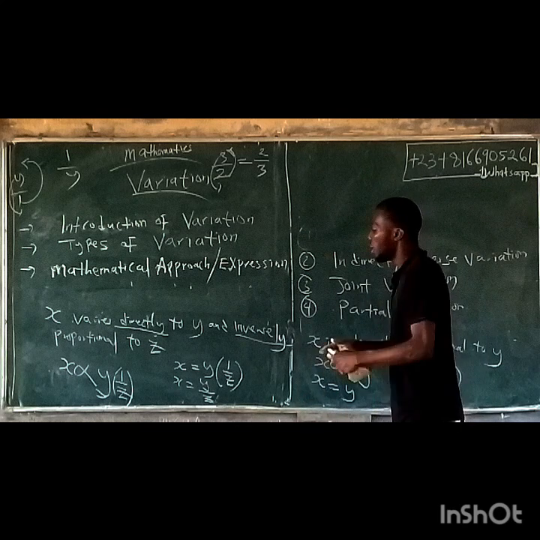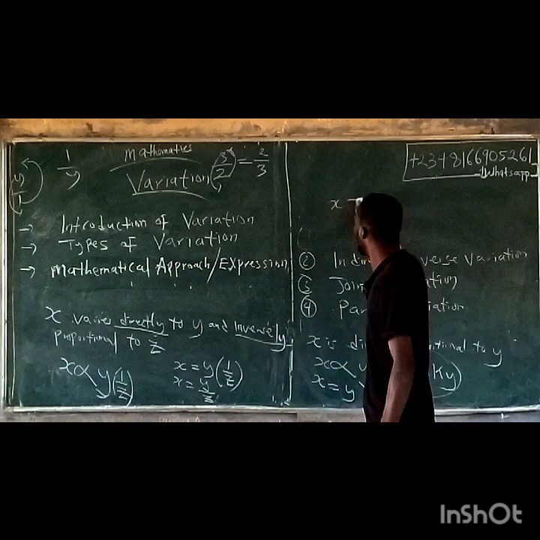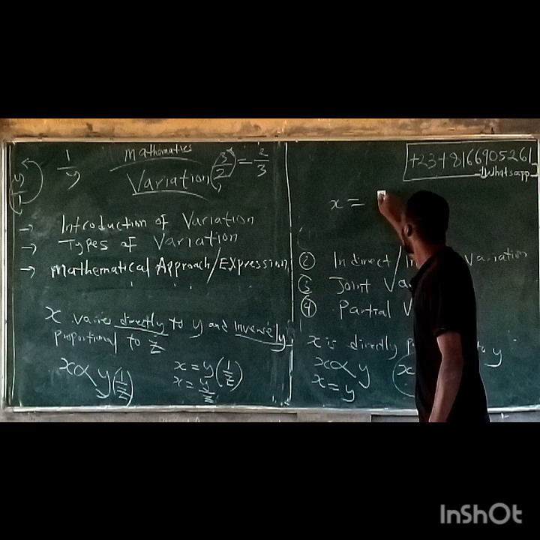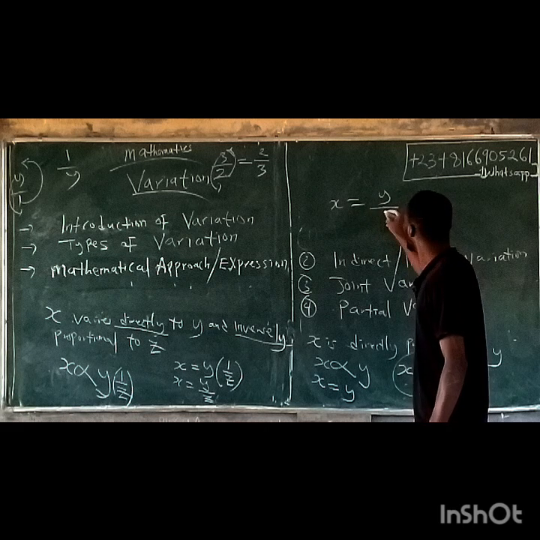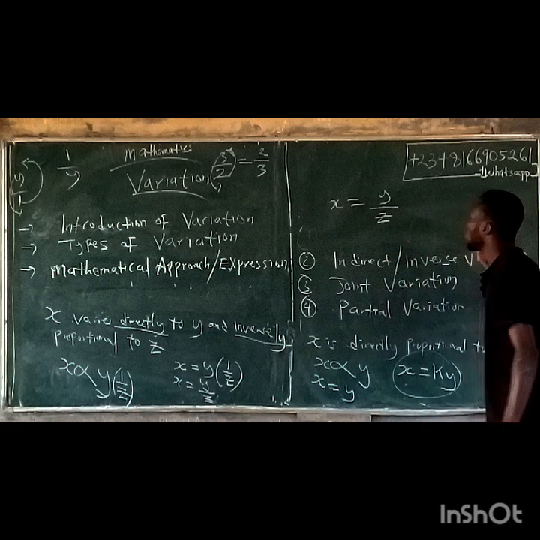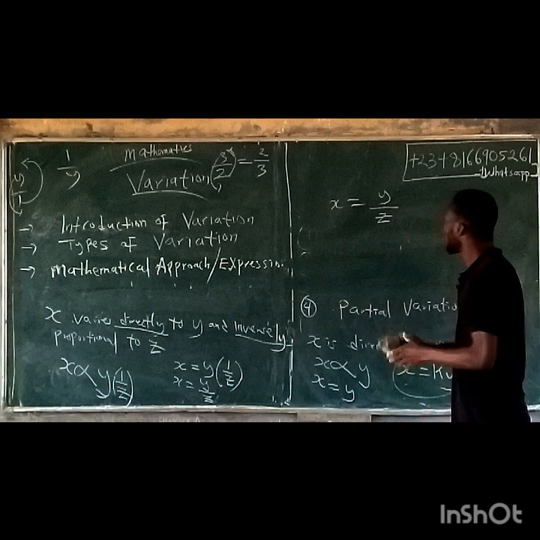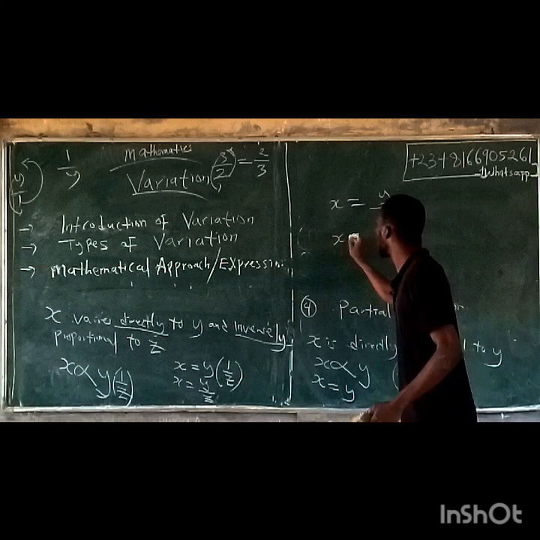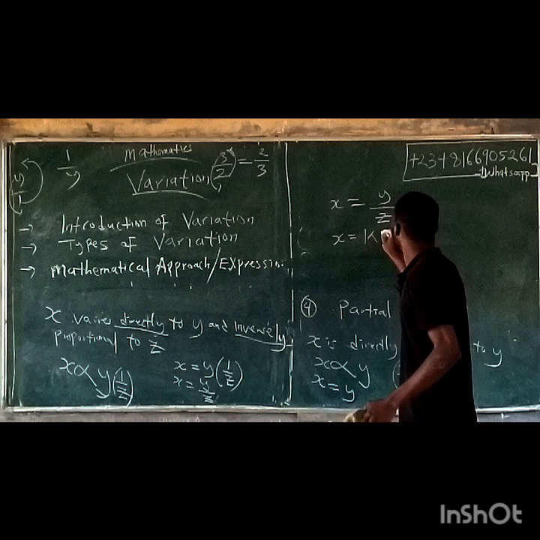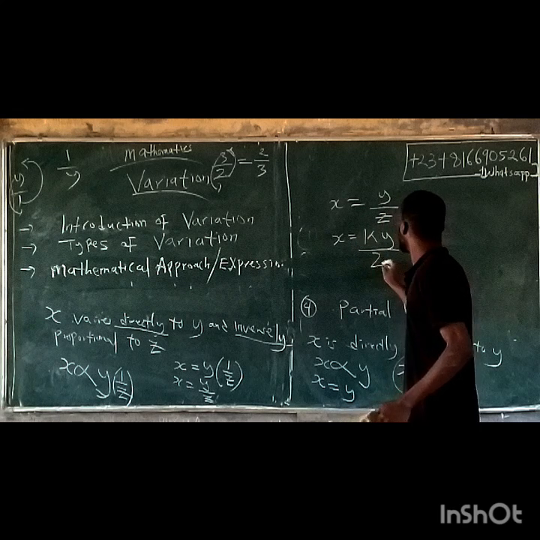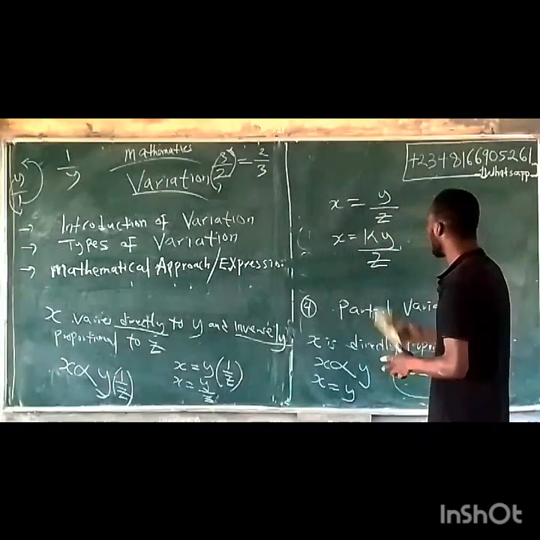So I will now say that x equals y over z. Now I'm going to include my constant. So with the constant there will now be x equals k y over z. I hope you understand that.